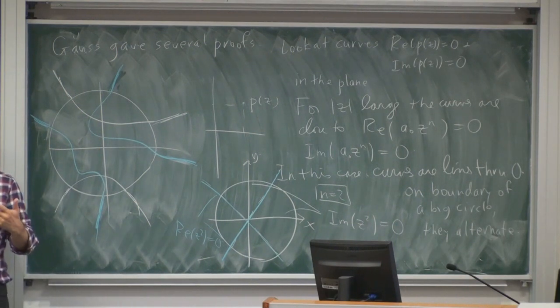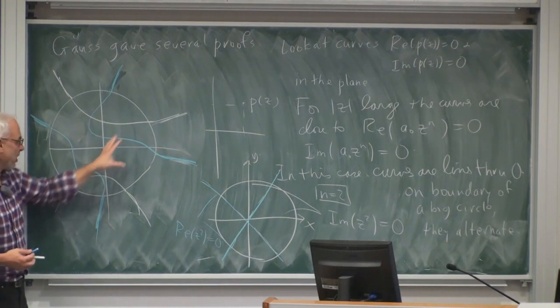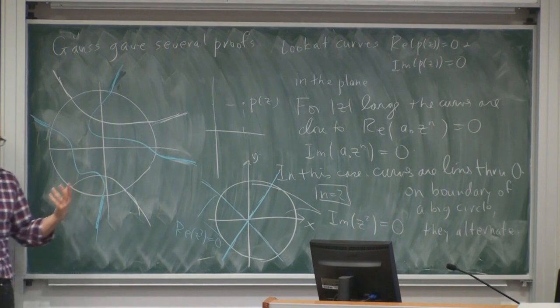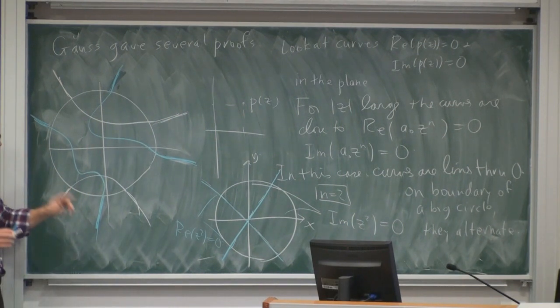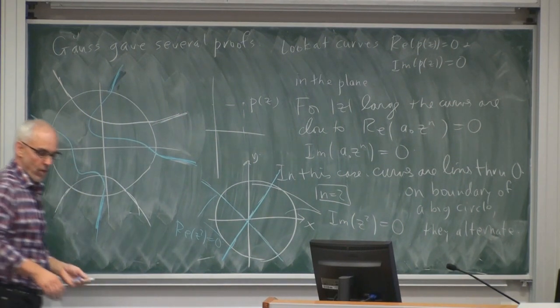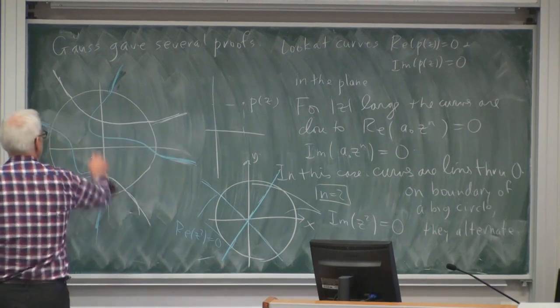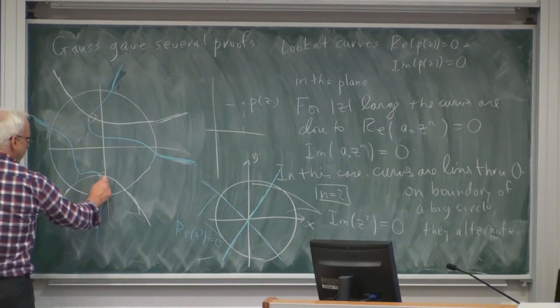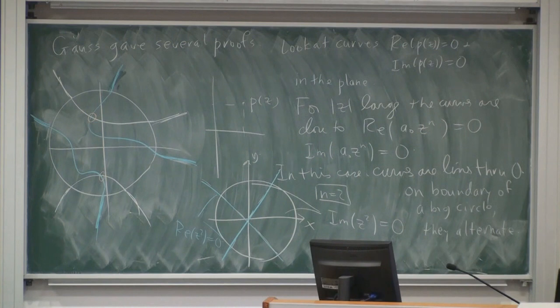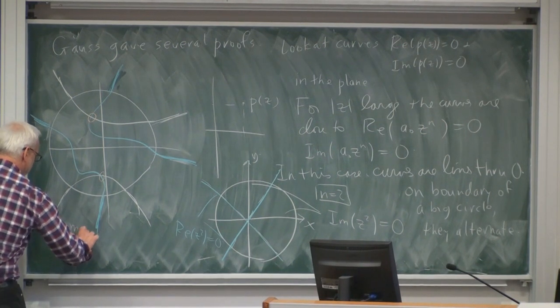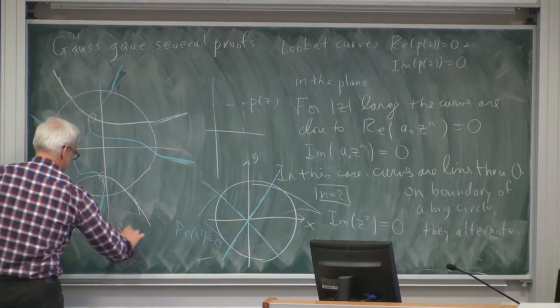And Gauss says, obviously, these curves are going to cross somewhere. We don't know exactly what they're doing in here because the action of the polynomial can be rather complicated. But it doesn't really matter what they're doing. Somewhere there's got to be a place where these curves meet, for example there or there. So Gauss argues that somewhere the curves meet.